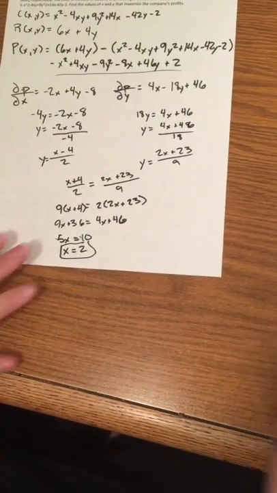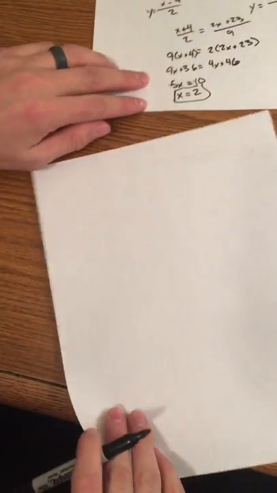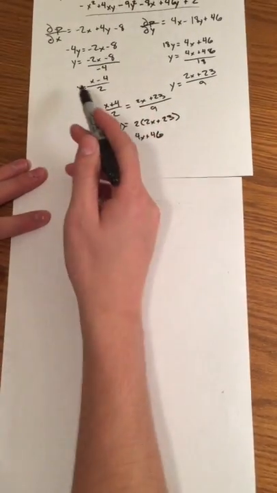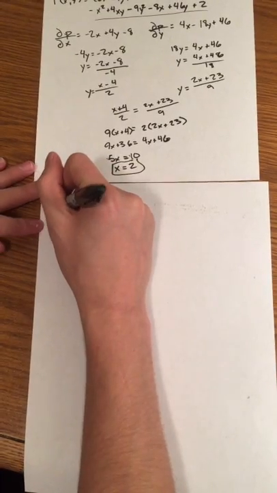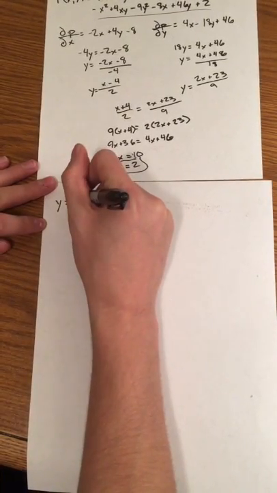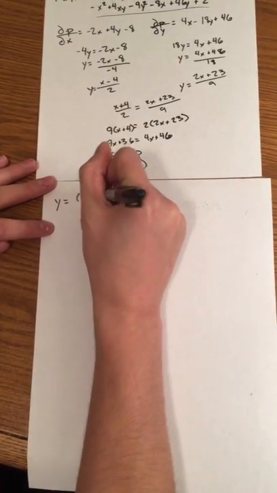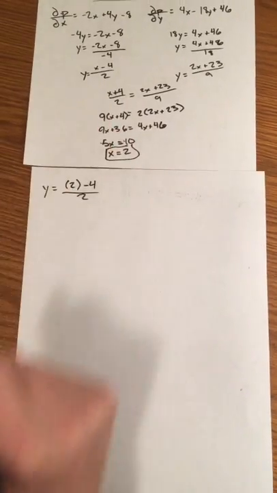What do we do with that? We're going to plug that back into an equation. I'm going to go on to a new piece of paper here, but I'm going to leave that there for reference. So we're going to plug this back into what y equals so we can find the answer. So we're going to have y equals, in place of x, 2 plus 4 over 2.